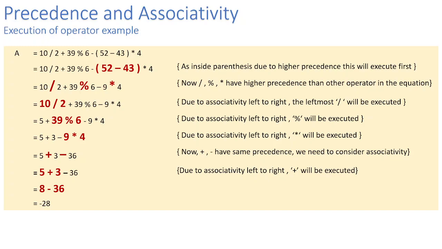So the leftmost operator, which is plus, will be executed first. So first we execute 5 plus 3, then we execute 8 minus 36. The result will be minus 28. Understand this example. This is the basis of precedence and associativity.